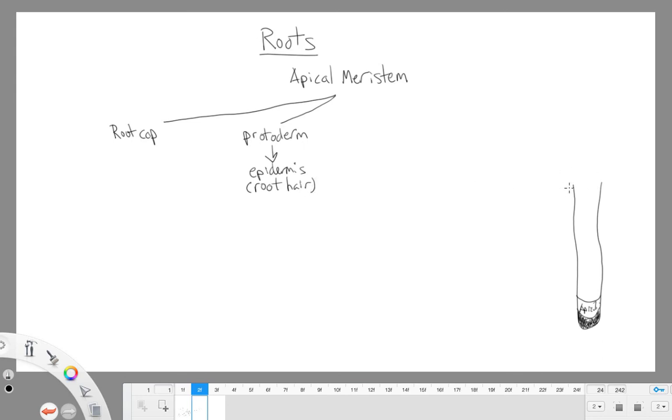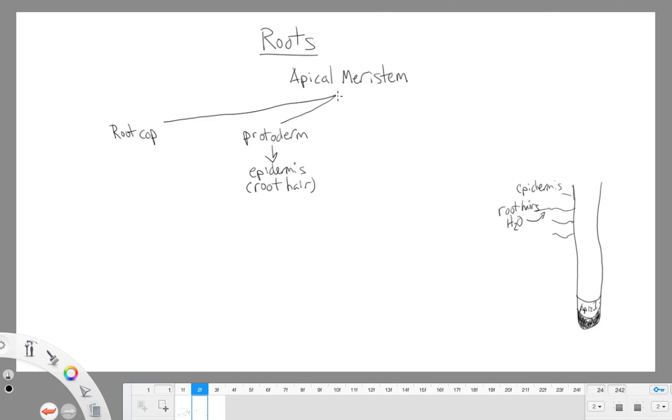The outer layer of our root is the epidermis, and sometimes that epidermis forms these extensions that are root hairs. And that is where most of the water enters our root.